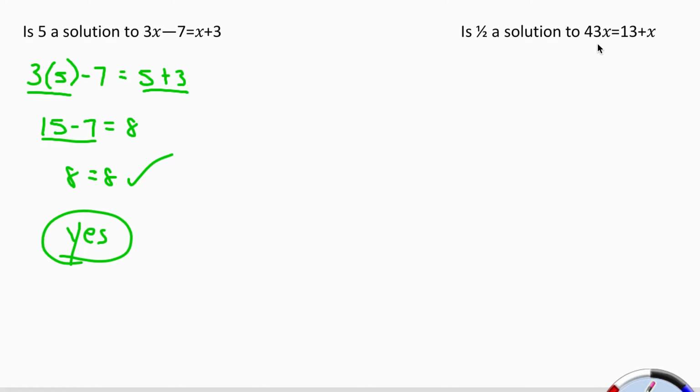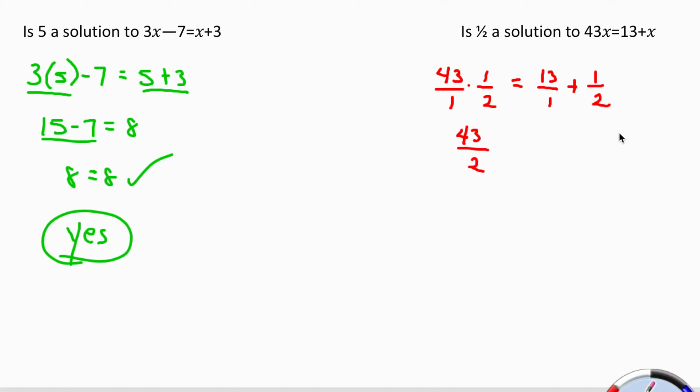Is 1/2 a solution to this equation? I don't know. Let's plug it in and see. And if I'm working with fractions, I want everything to be a fraction. Right? So these that are not fractions, put them in their fraction form by putting them over 1. Now here I'm multiplying two fractions. Nothing will simplify, so multiply straight across.